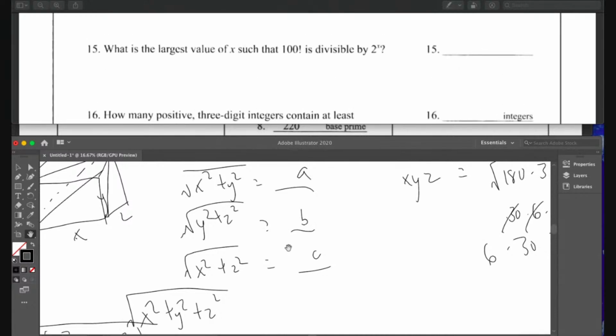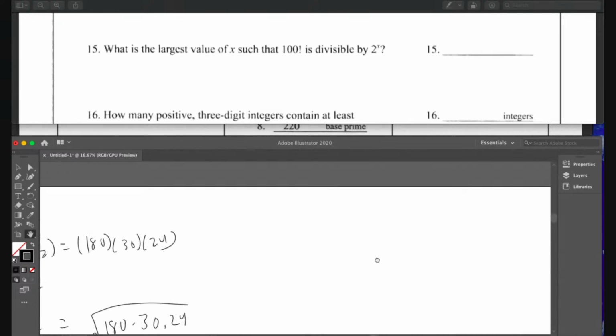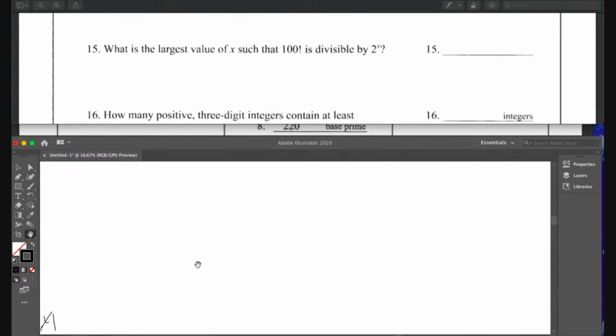Okay, number 15. What is the largest value of x such that 100 factorial is divisible by 2 to the x? So we want to divide 2 to the x into 100 factorial, and we want x to be the biggest power it possibly can be.